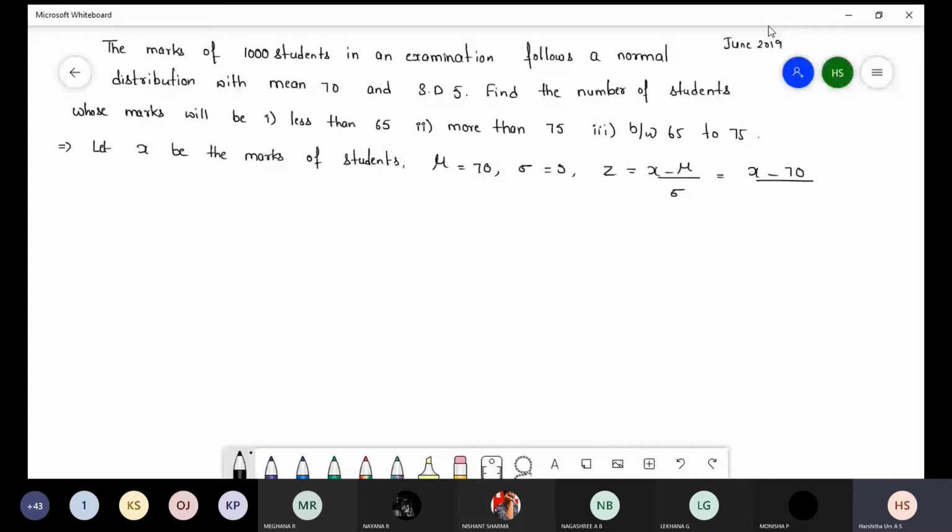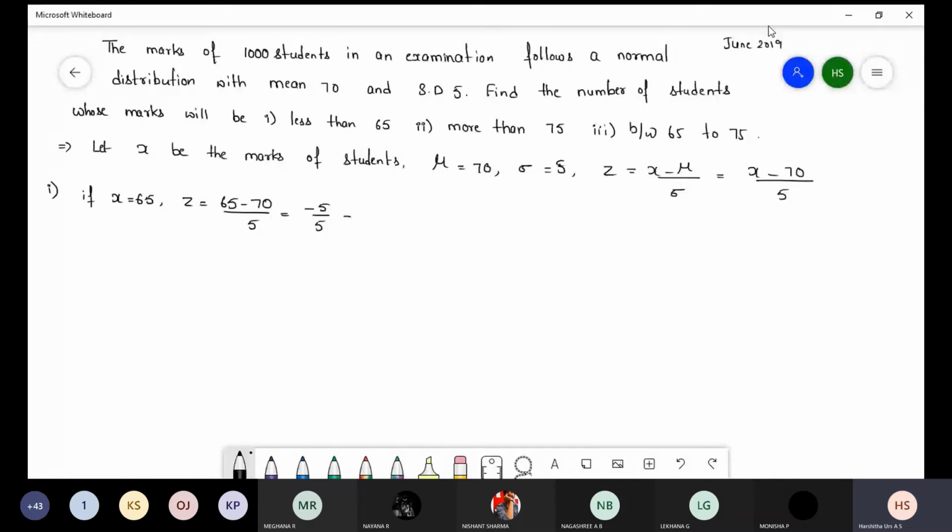First one, if x is equal to 65, then z is equal to 65 minus 70 divided by 5. So minus 5 divided by 5 is minus 1.